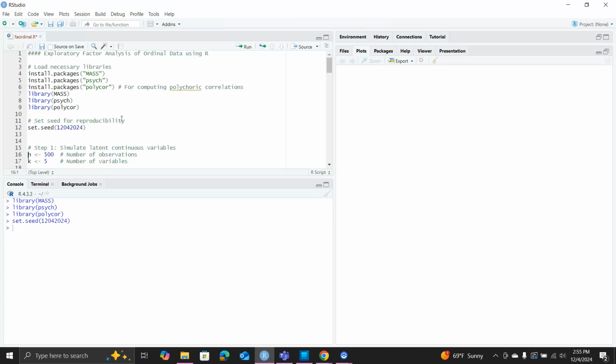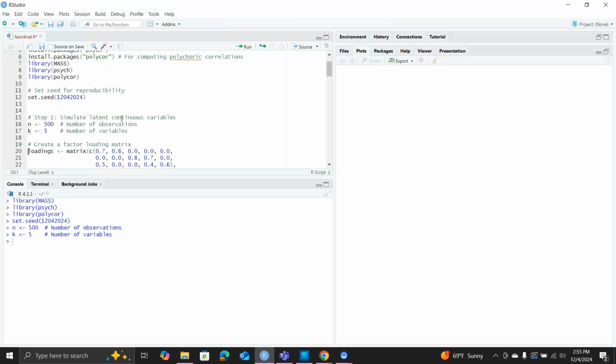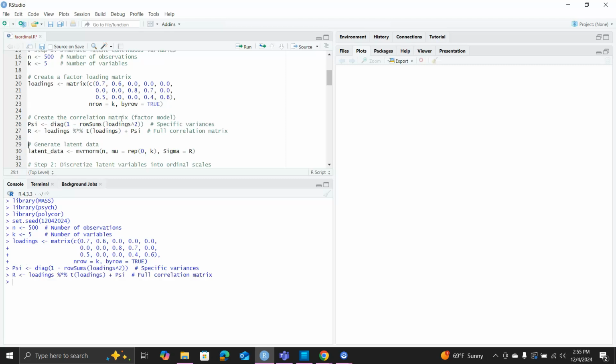First, I want to create a synthetic data set with 500 observations and 5 variables, and I need to create a loading matrix, which I use to create a correlation matrix. Then I create a latent data matrix by randomly sampling from a multivariate normal distribution with mean 0 and sigma, the correlation matrix, R.